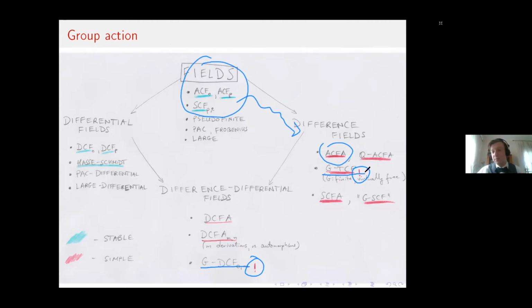The simplicity and, more generally, the properties of these theories depend on the particular choice of the group G. All these three theories are simple if G is a finite group.